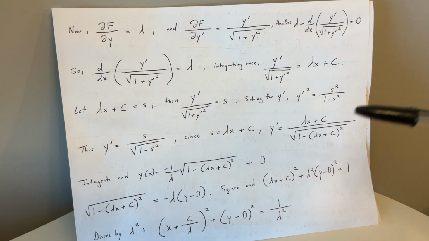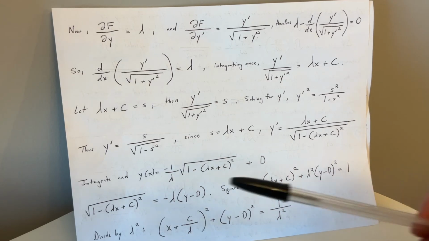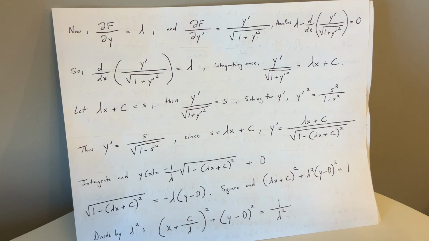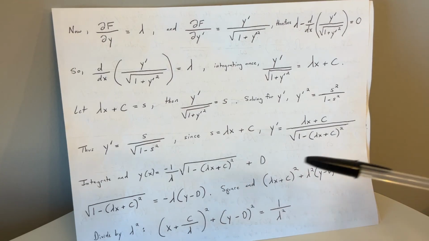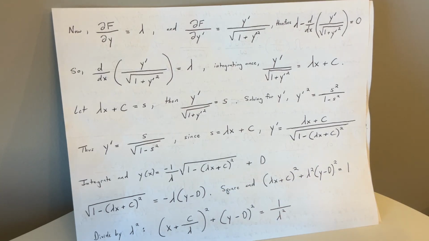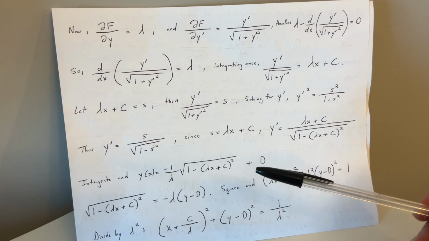And since s equals lambda x plus c, y prime equals lambda x plus c over the square root of 1 minus the quantity lambda x plus c squared. So we can integrate, and y of x equals negative 1 over lambda times the square root of 1 minus the quantity lambda x plus c, squared, and then on the outside plus d.